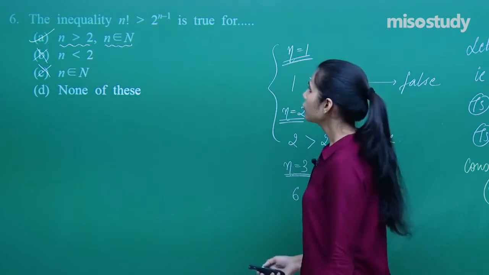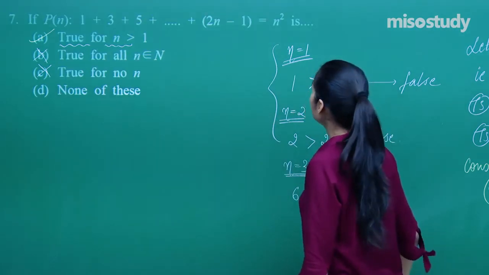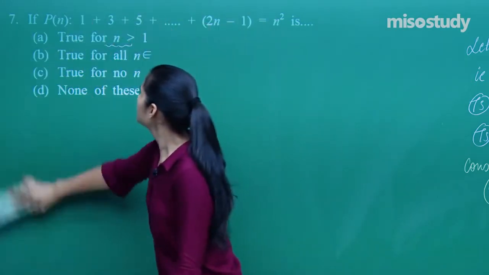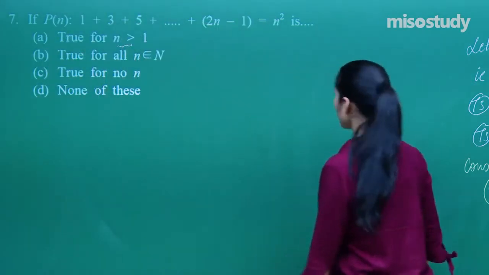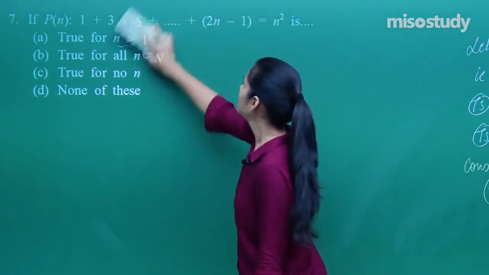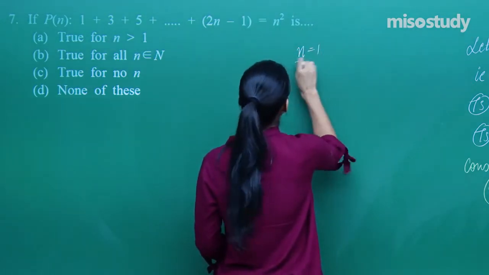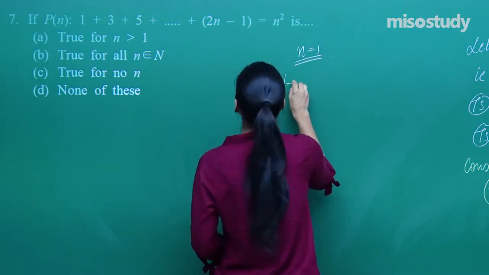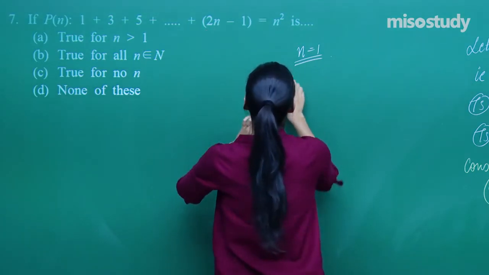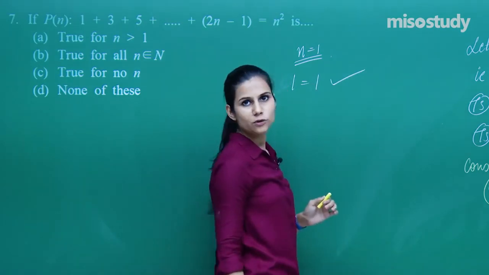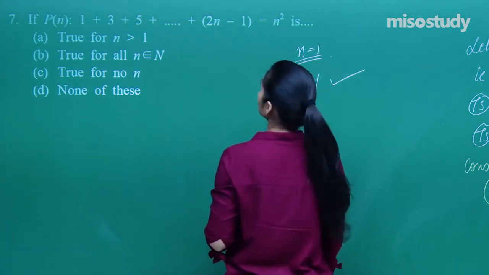Understood? Moving to the next question, we have P of n is given to be this. It is true for what all values of n. Again, if I try n equals 1, it is 2 into 1 minus 1, which is 1, equals 1 square, which is 1. So it is true for n equals 1, not a problem.